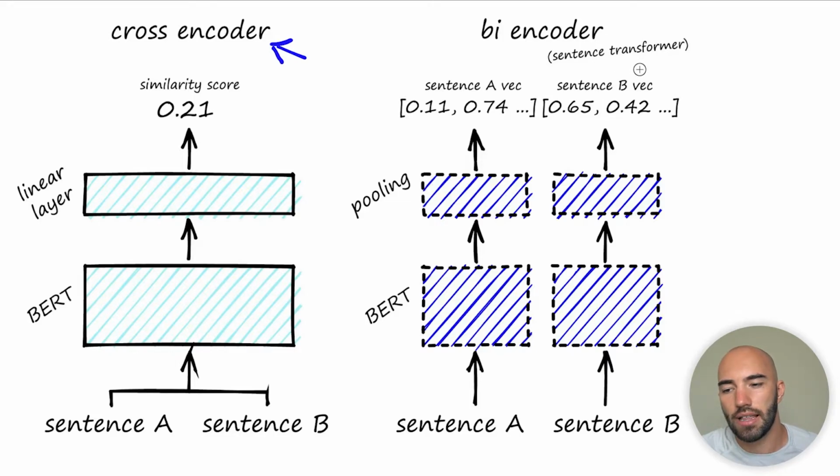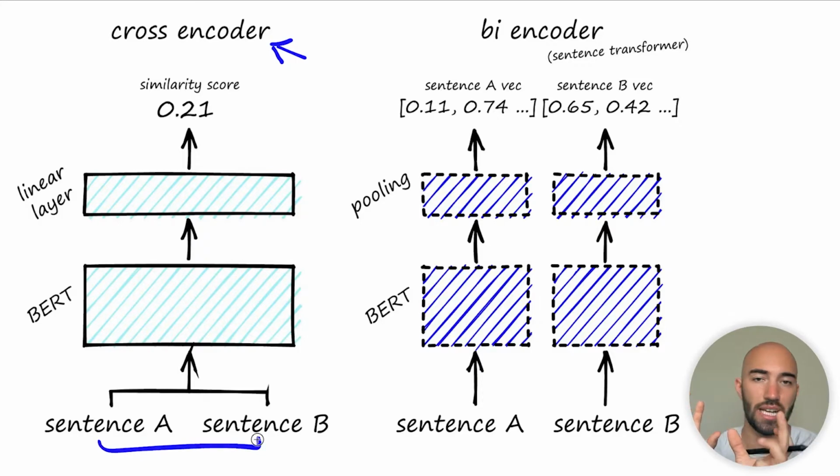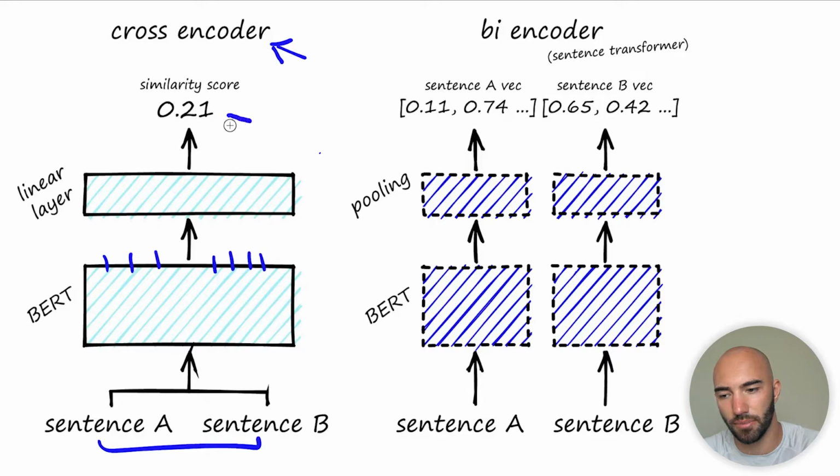A cross encoder is the old way of doing it, and it works by simply putting sentence A and sentence B into a BERT model together at once. So we have sentence A, separator token, sentence B, feed that into a BERT model, and from that we get our output embeddings over here, and they all get fed into a linear layer, which converts all of those into a similarity score up here.